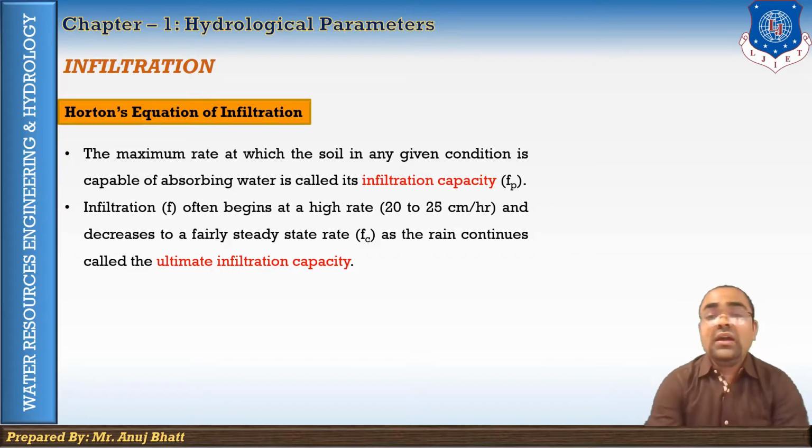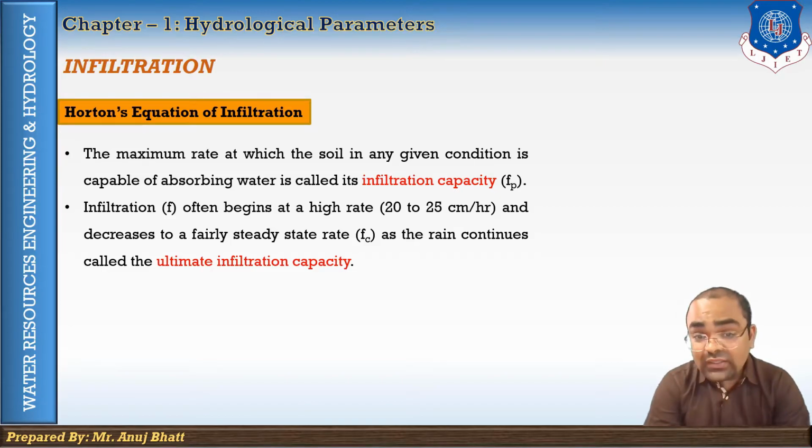Infiltration often begins at a high rate of about 20 to 25 centimeter per hour and then decreases to a fairly steady state rate as the rain continues. This is called the ultimate infiltration capacity, or the ultimate infiltration.